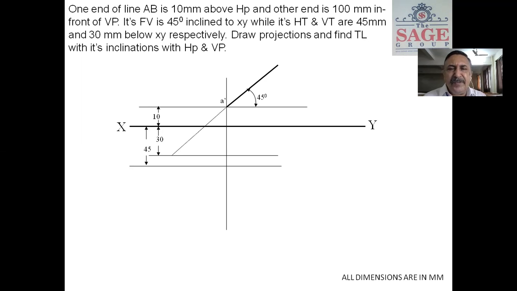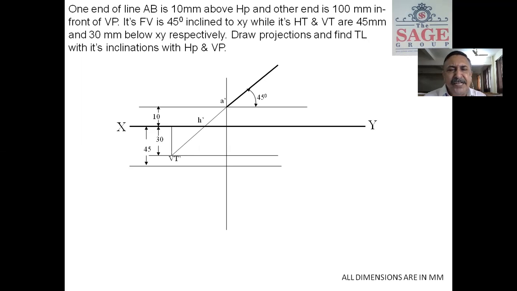Now, this 45 degree line is our front view line. We know that when we extend this front view backwards, we get the H dash point on the XY line, and VT on the locus we have already drawn. So we got 2 points, H dash and VT.